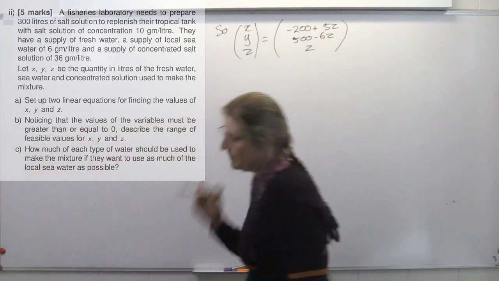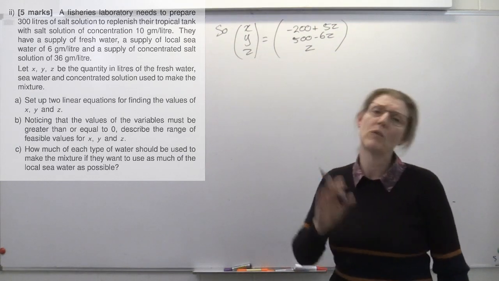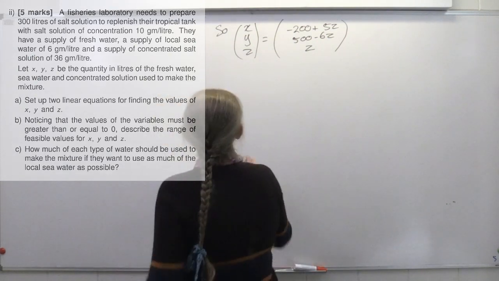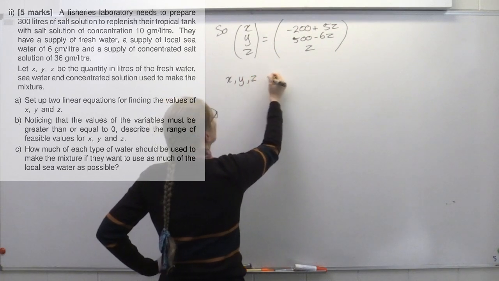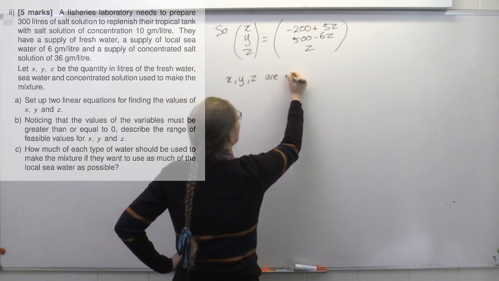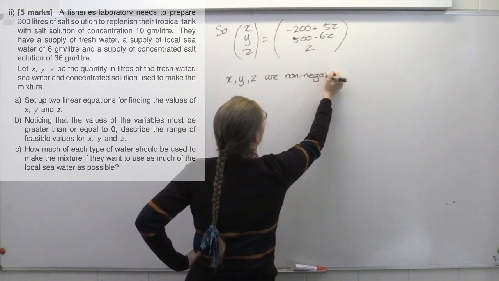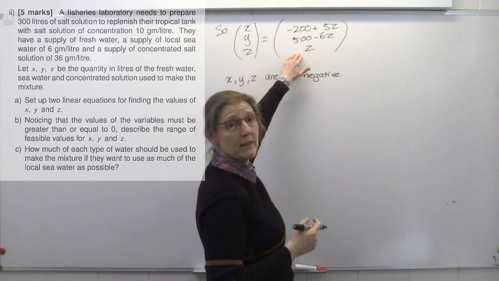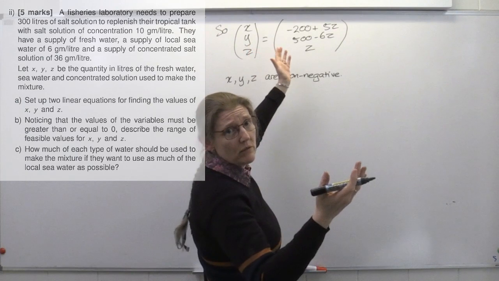Okay, so all of these have to be positive quantities, or rather non-negative. They can be 0. So x, y and z are non-negative. First of all, that means that z is greater than or equal to 0. But that's not terribly useful.